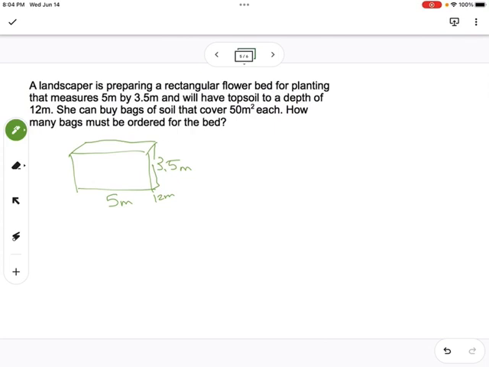So if we want to fill this, we want to find volume. So that is volume of a rectangular prism is length times width times height. So 5 times 3.5 times 12. And that gives us 210 meters cubed.